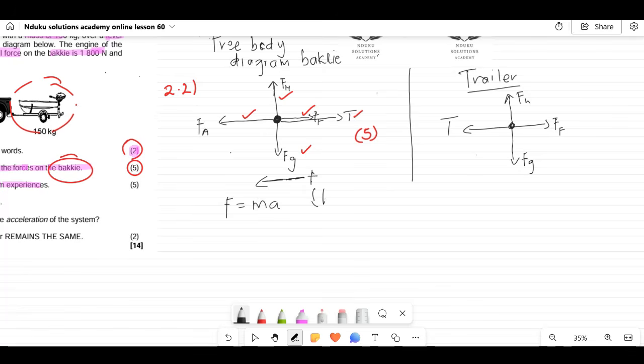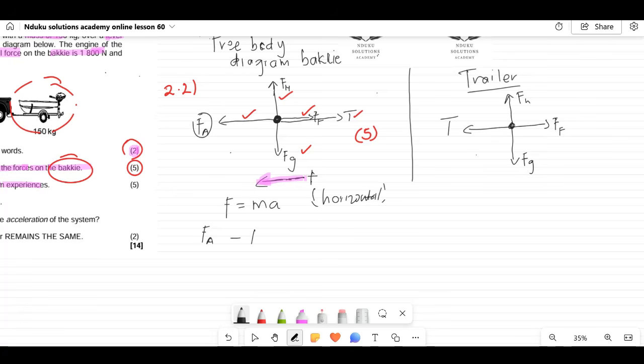So we have F equals MA for this side. We'll only focus on the horizontal forces. Since going to the left hand side is positive, we will then say I'm having the applied force by the engine, going to the left hand side is positive, and then we will have your frictional force, or you can start with your tension, either way.